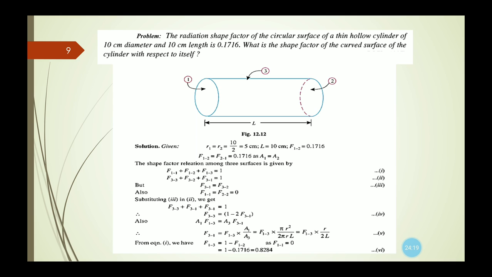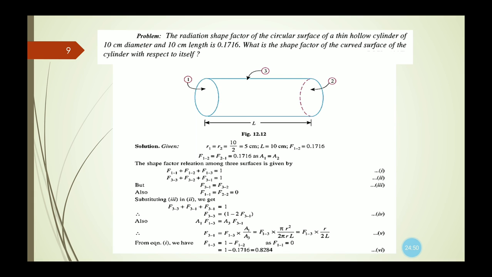The radiation shape factor of the circular surface of a thin hollow cylinder of 10 cm diameter and 10 cm length is 0.1716. What is the shape factor of the curved surface of the cylinder with respect to itself? You need to calculate the shape factor of the curved surface of the cylinder with respect to itself.